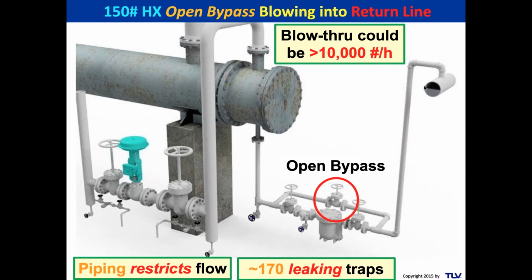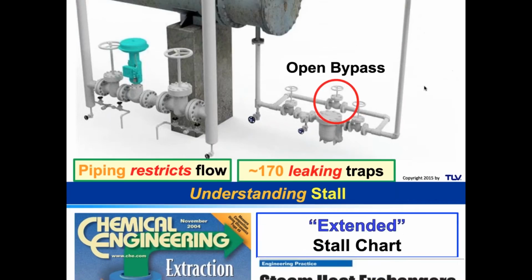But if you think that a lower pressure trap only leaks 30 pounds an hour, that would be equivalent to 340 leaking traps that could be fixed by addressing that open bypass. How cool is that? You can fix between 170 and 340 leaking traps for this pressure by addressing one open bypass. Think about that. Lines with no traps on them and open bypasses, that's a big, high value, low hanging fruit opportunity.